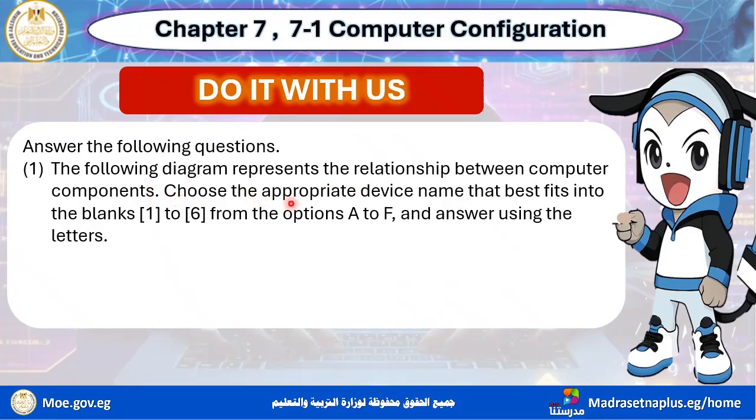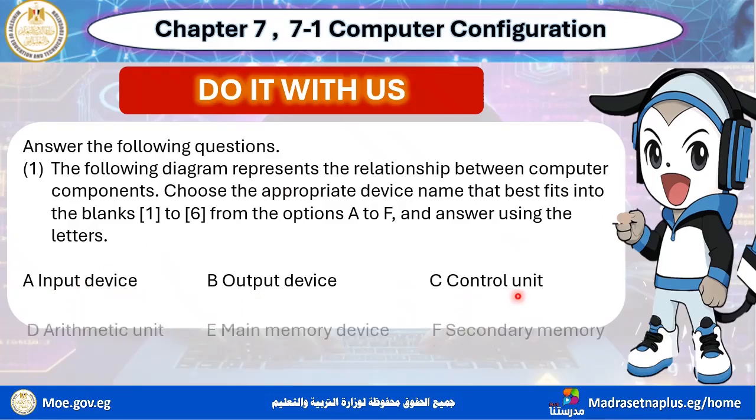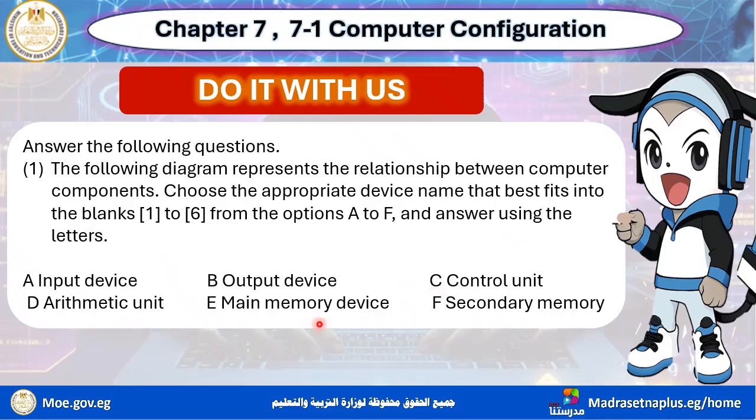Choose the appropriate device name that best fits into the blanks from 1 to 6 from the options A to F and answer using the letters. So the choices here are the input device, the output device, the control unit, the arithmetic unit, the main memory device, and the secondary memory.